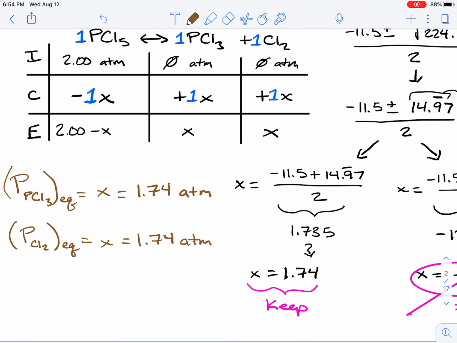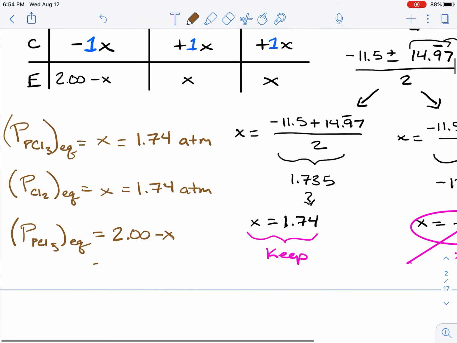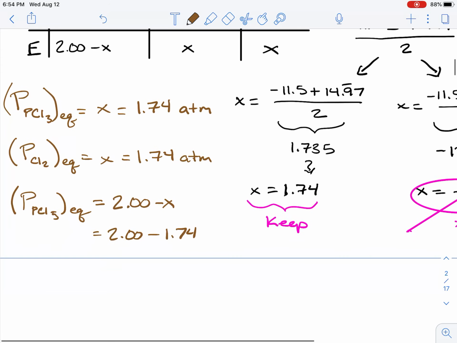And finally, the partial pressure for PCl5, which is our reactant at equilibrium, is expressed as 2.00 minus x. And so we're simply going to plug in x, which is 2.00 minus 1.74.